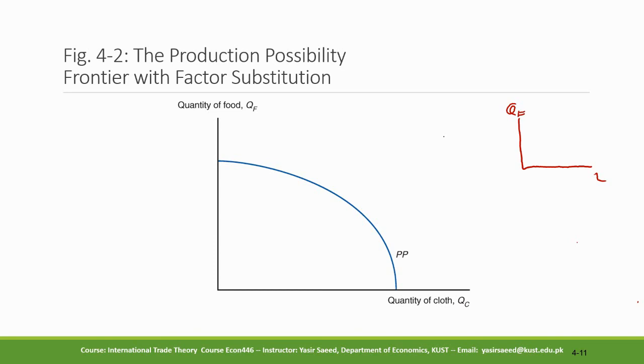Now when we increase the amount of labor while keeping the amount of land constant, what happens? Our productivity increases, but as we increase more and more labor, our marginal productivity is declining. This decline in the marginal productivity of labor causes the curved shape.